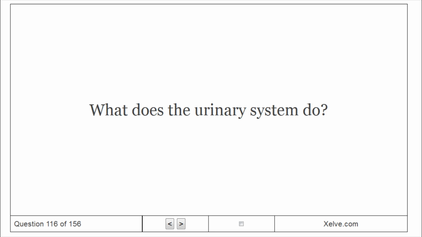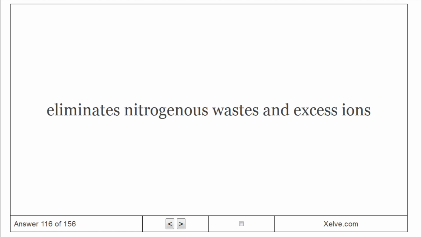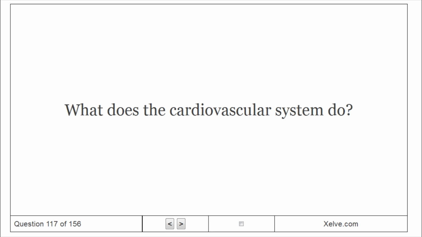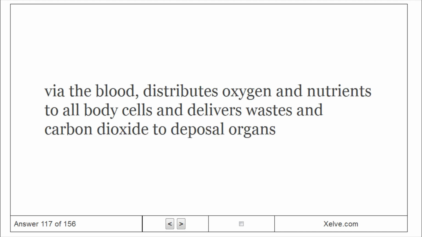What does the urinary system do? Eliminates nitrogenous wastes and excess ions. What does the cardiovascular system do? Via the blood, distributes oxygen and nutrients to all body cells and delivers wastes and carbon dioxide to disposal organs.